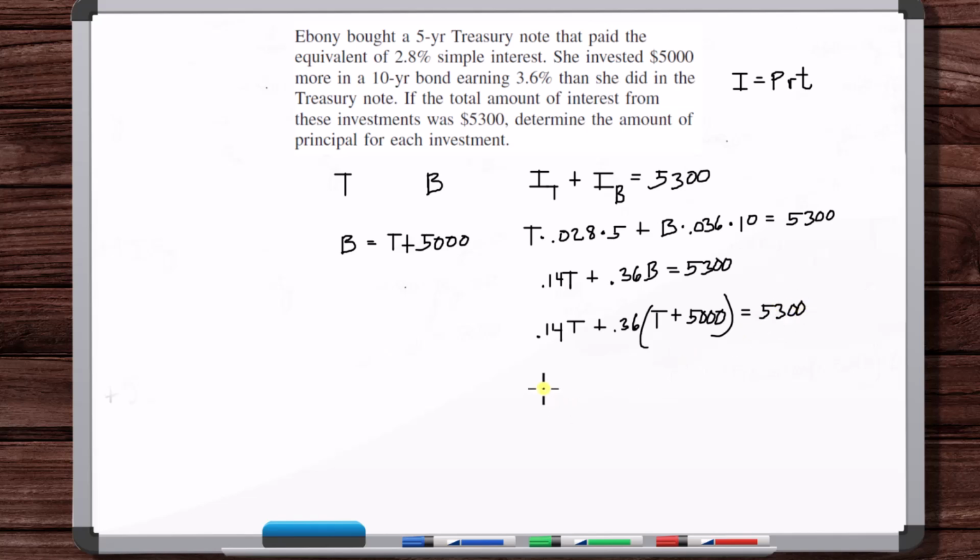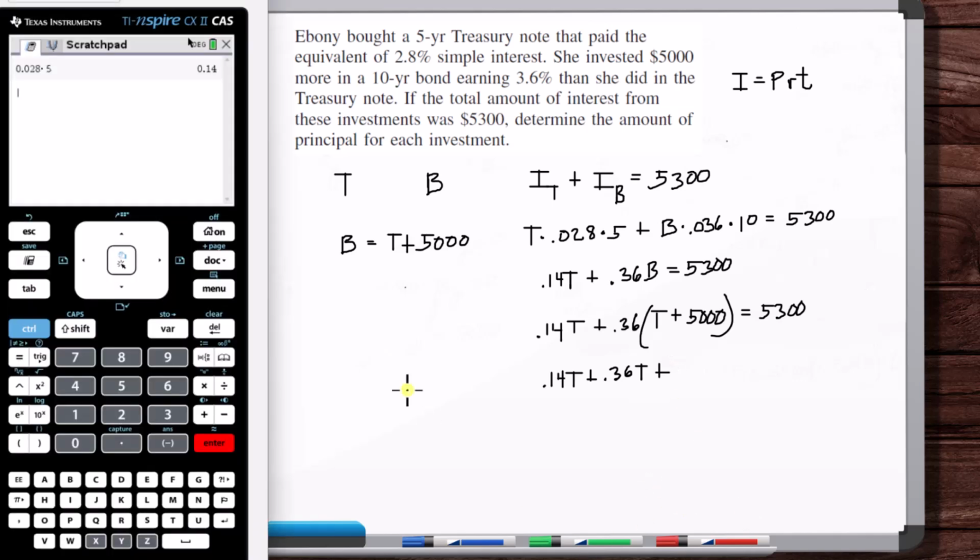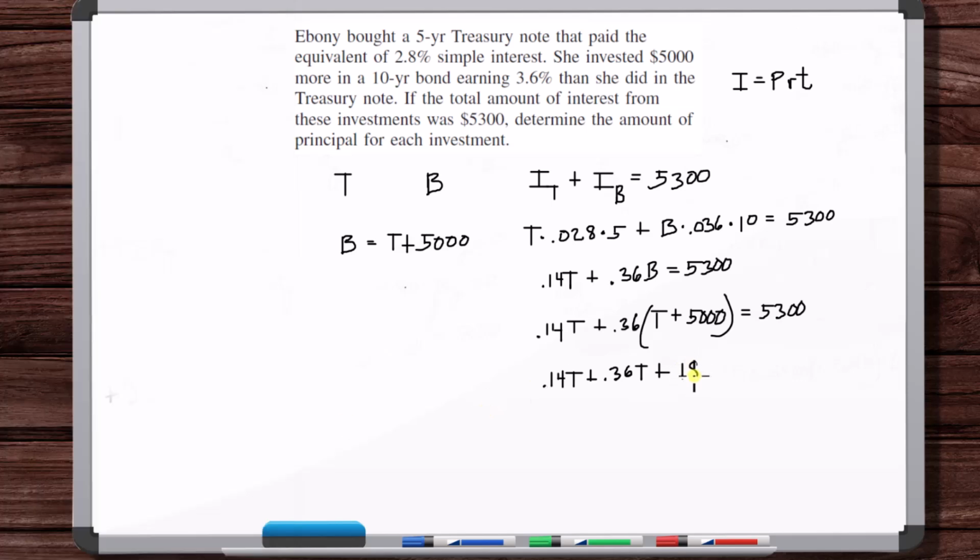Distributing, 0.14t plus 0.36t plus 0.36 times 5,000, which is 1,800.